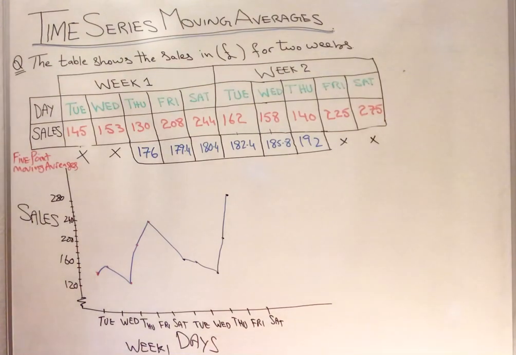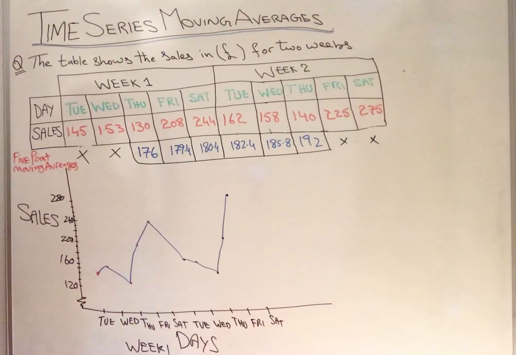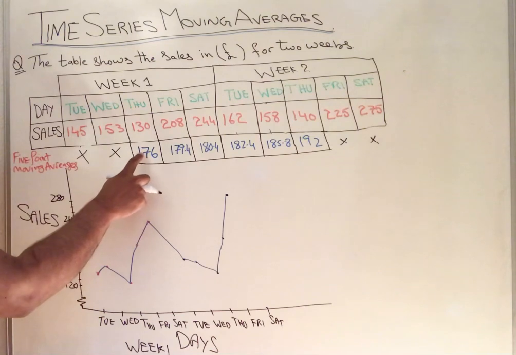Now we are moving to the fourth one. They said to plot the moving averages in this time series graph. We have to plot these points in this graph. This point is on Thursday, not Tuesday.